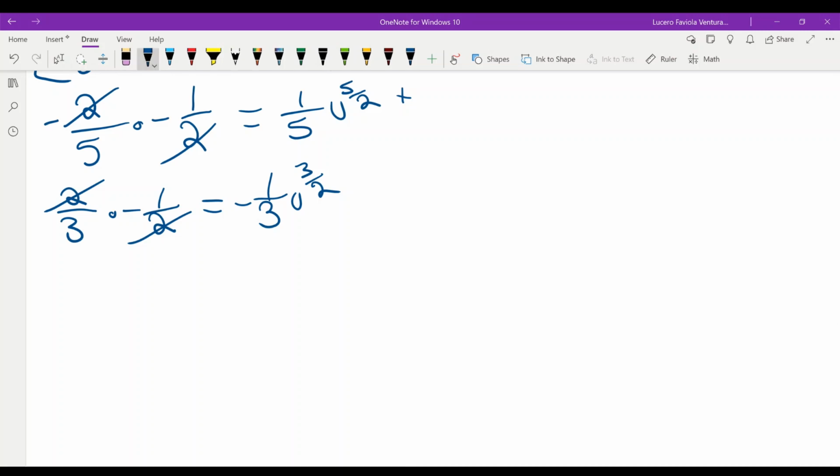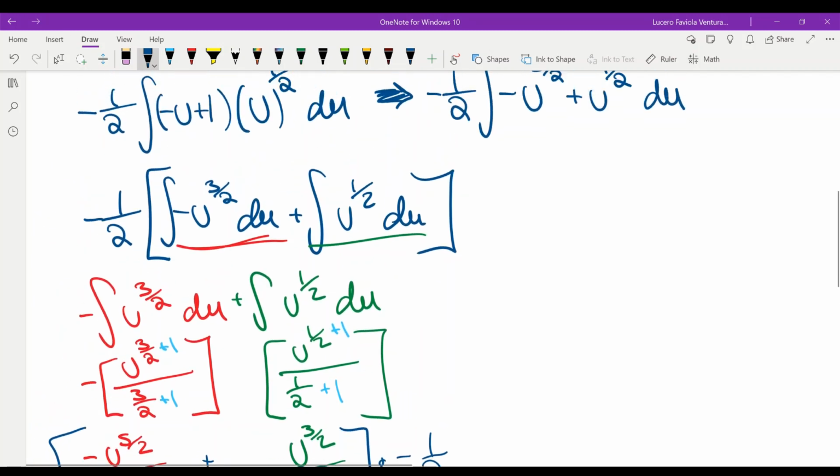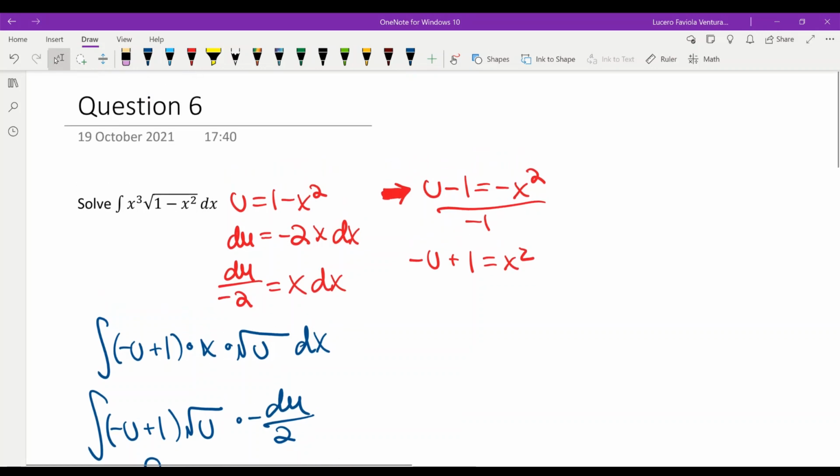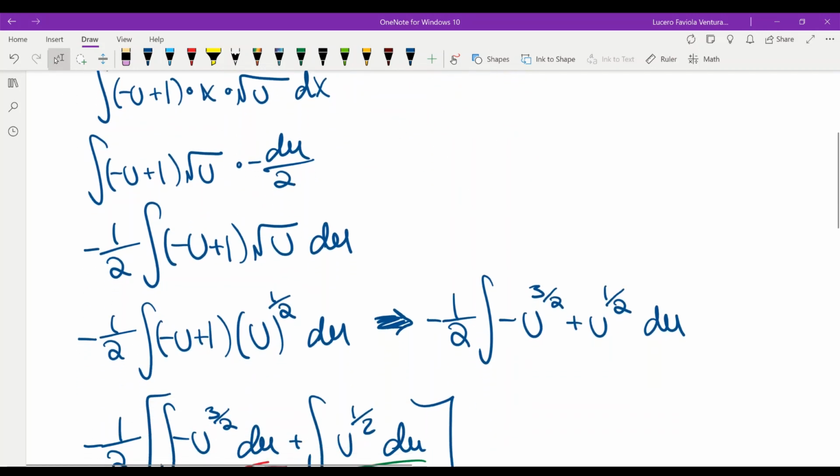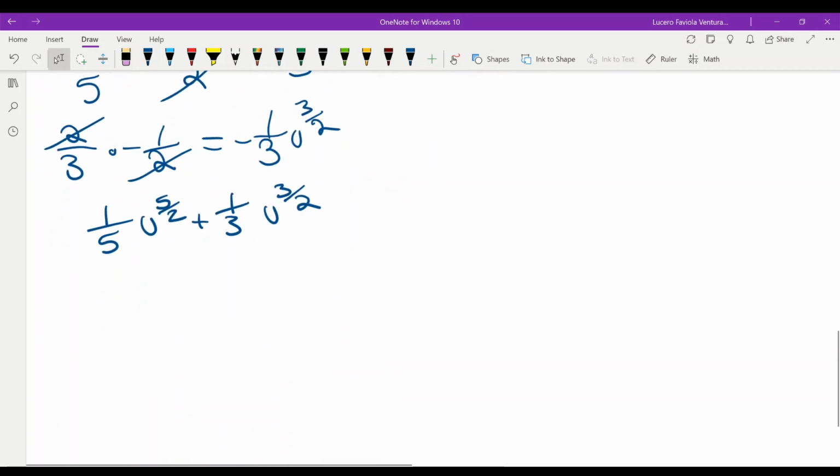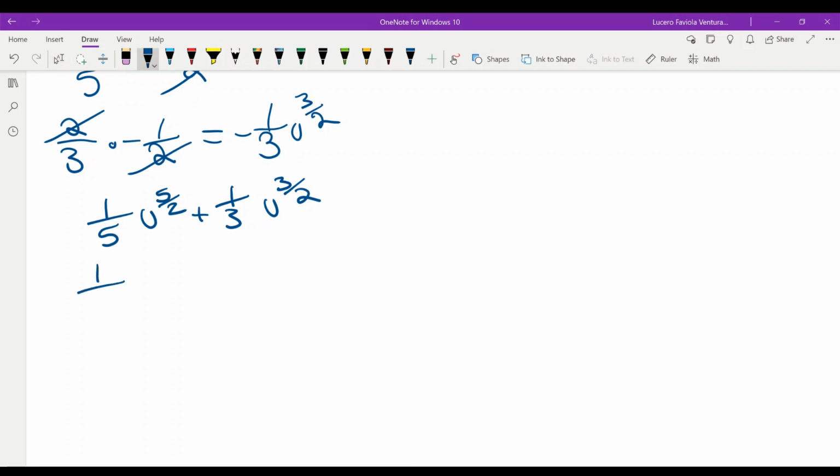So now that we have this, we can combine our terms and get 1/5 times u to the power of 5 over 2 plus 1/3 times u to the power of 3 over 2. And from here, we can plug in our u value, which was originally 1 minus x squared. So I'll rewrite it down here.